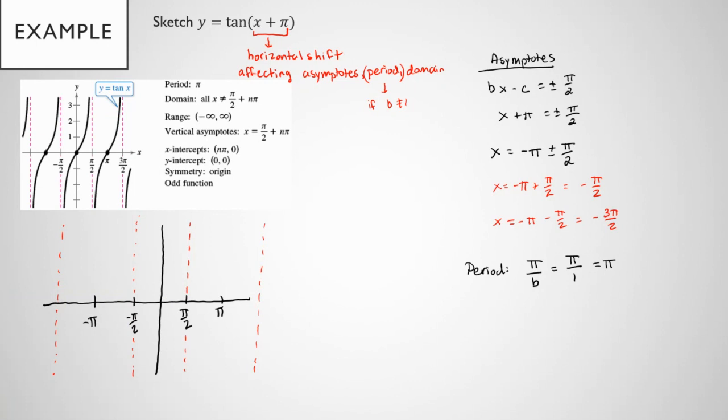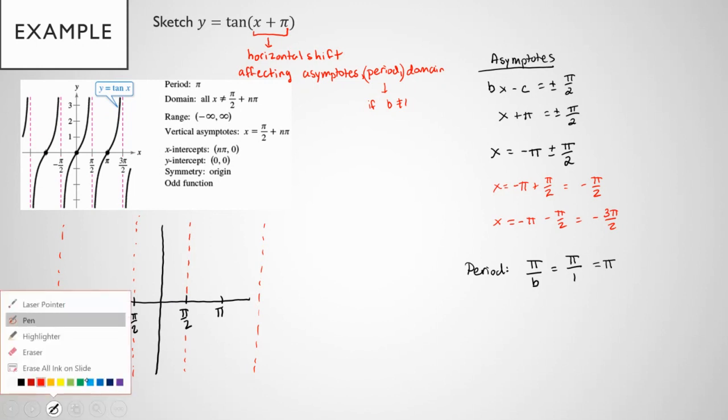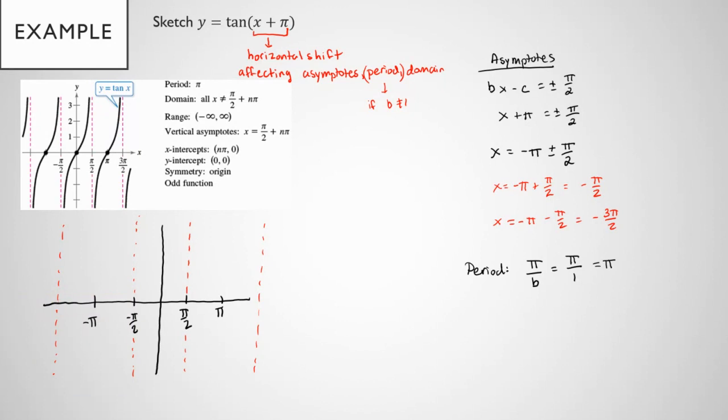It's still going to look like tangent because we just basically added the period and it's just moving over, but it's moving over the same amount as what it looks like. So it doesn't actually end up looking any different. So I'm not going to bother with the domain because we've pretty much established it's going to look exactly the same.